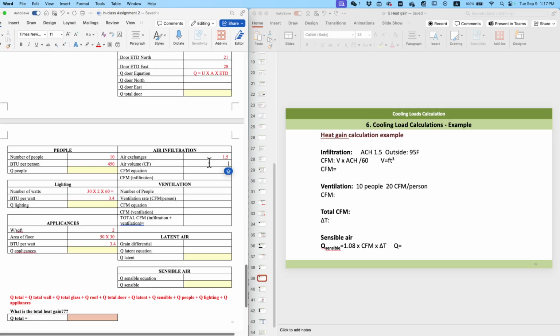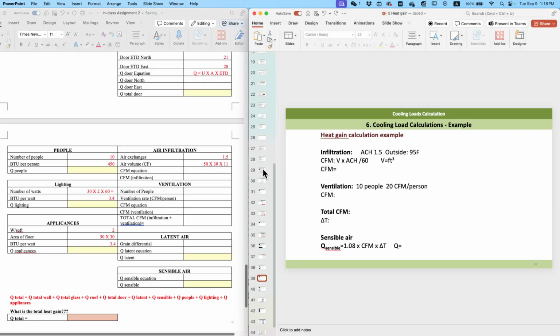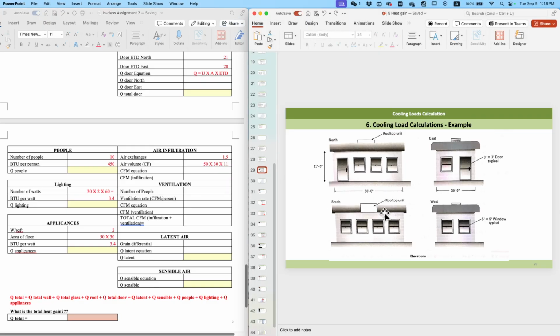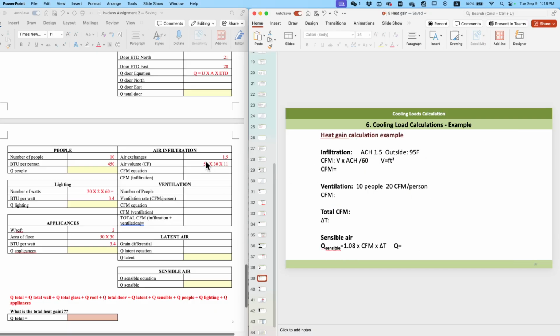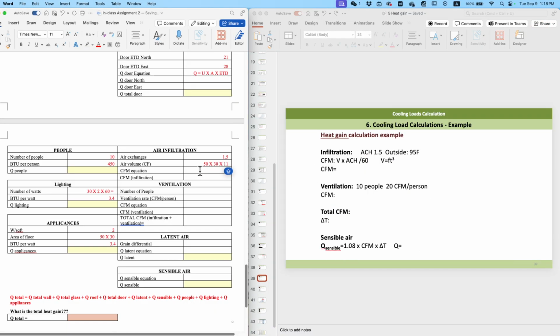Building volume is long side by short side by height, 11. You can also find all this information from the elevation view: long side, short side, long side, short side, and height. So you got the V. And the CFM equation I provide here.